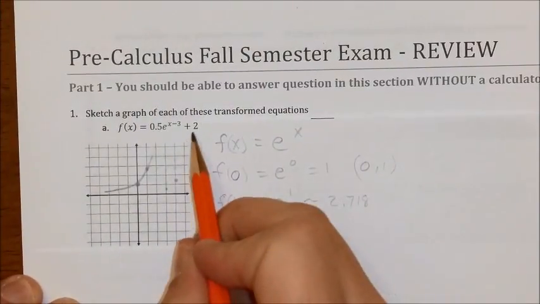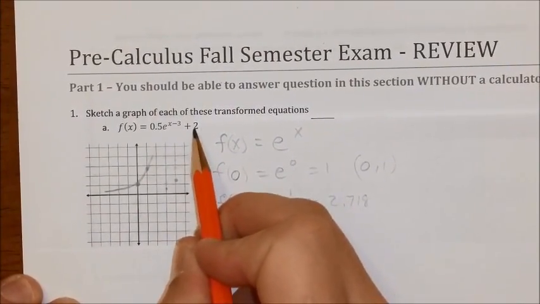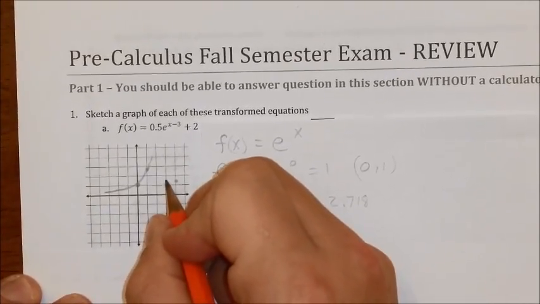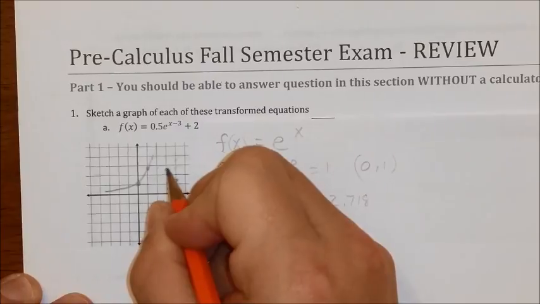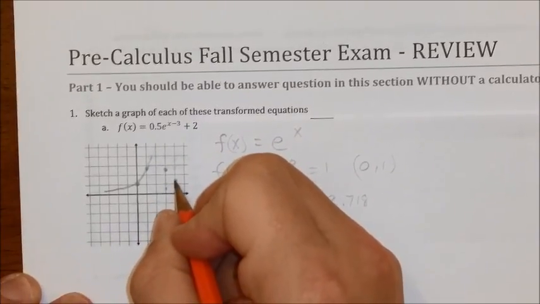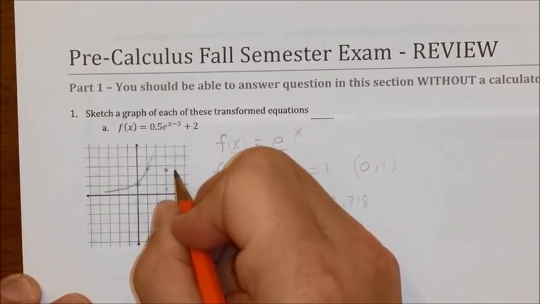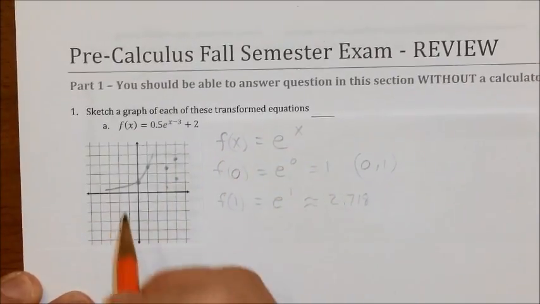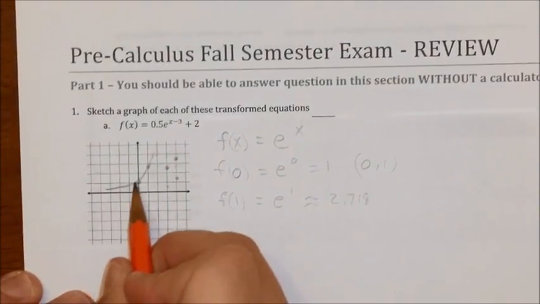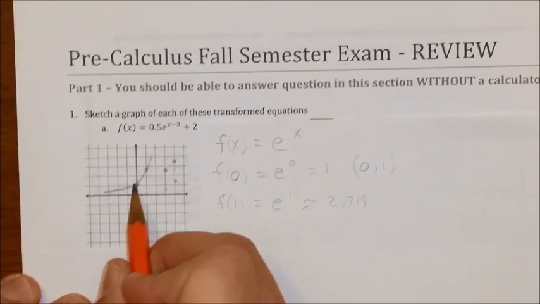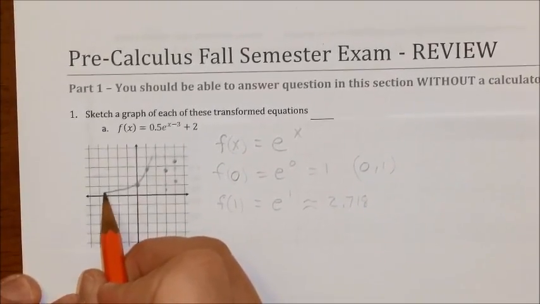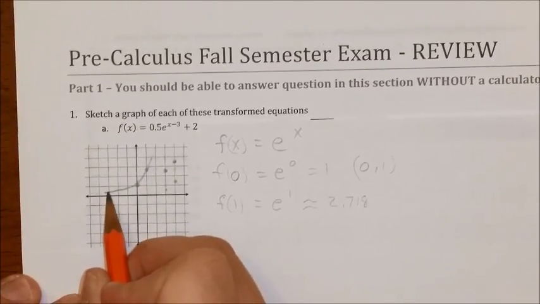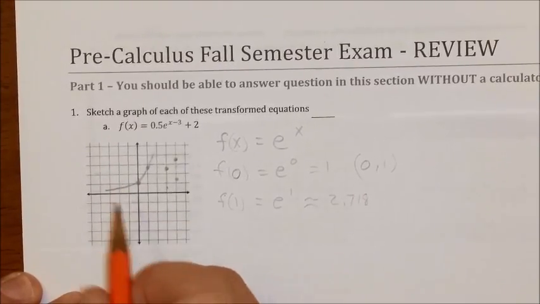And then we'll do the last translation. Adding 2 just means that it's going to translate up 2 units. So 0.5 is going to go to 2.5, and 1.3 is going to go to 3.3. And since originally the function value was approaching 0, I know that the asymptote where it's approaching needs to be moving up 2 units as well.